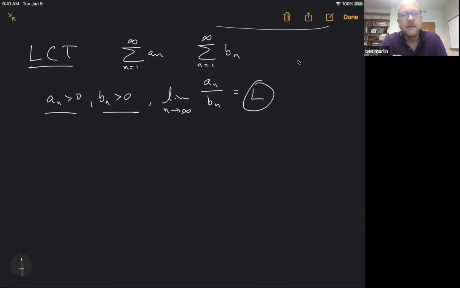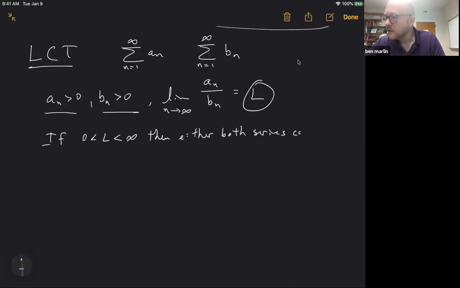But the very most basic form of the limit comparison test is if the L is neither 0 nor infinity, it's just some bounded number, then either both series converge or both series diverge.